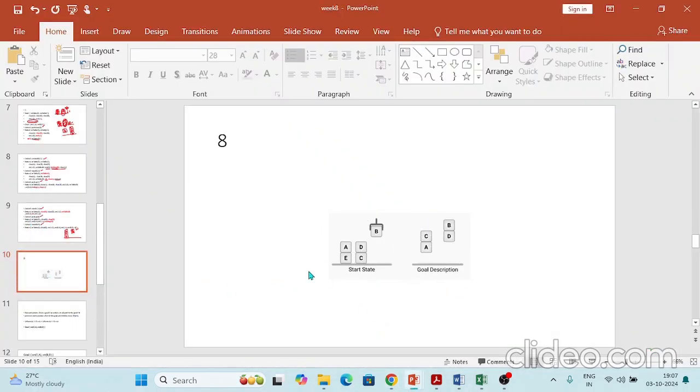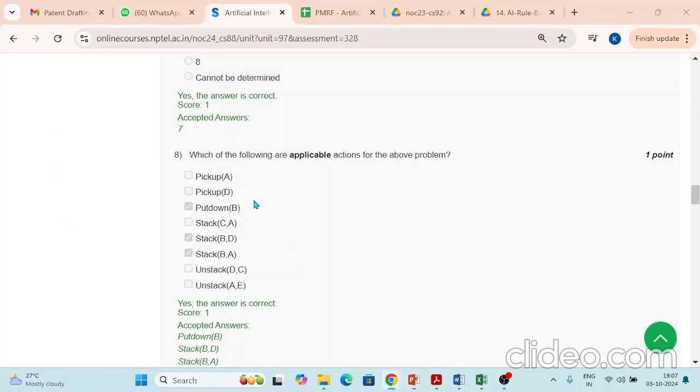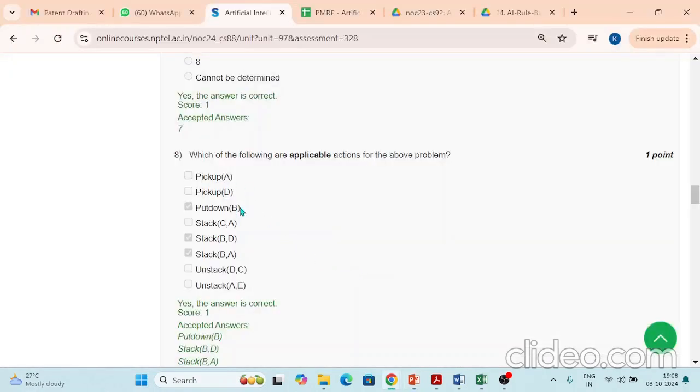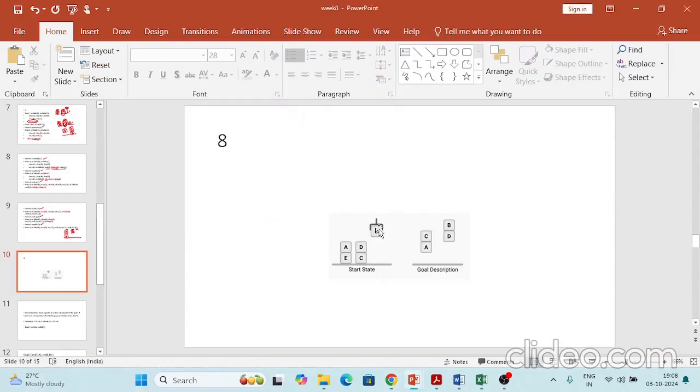First, they had given pick up A. For pick up A, the arm should be empty, but here this is not the condition, so the first one is not true. Pick up D also needs the arm to be empty. Put down B, okay, we can do put down B, that is applicable.